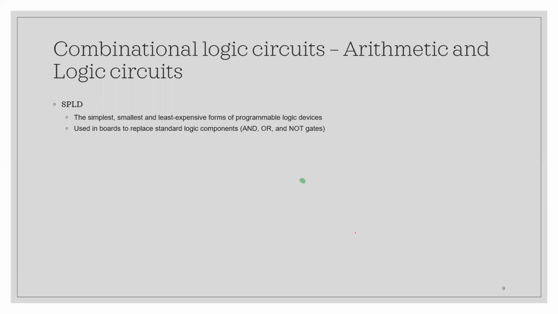Now, where are these PLDs in general used? They are used in order to replace the standard logic components. Because they are programmable, whereas once you take an AND gate IC, I cannot change anything in that. Why this becomes necessary is, suppose you are testing your system and later you get to know that you can modify this into another expression and get a still better result.